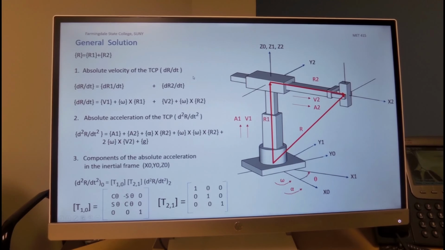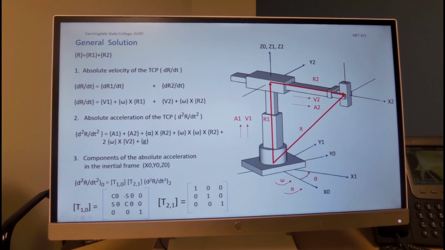The general solution: we start by looking at the position of the tool center point in the inertial frame. We define that r equals r1 plus r2. The absolute velocity of the tool center point will then be the absolute velocity of r1 plus the absolute velocity of r2.